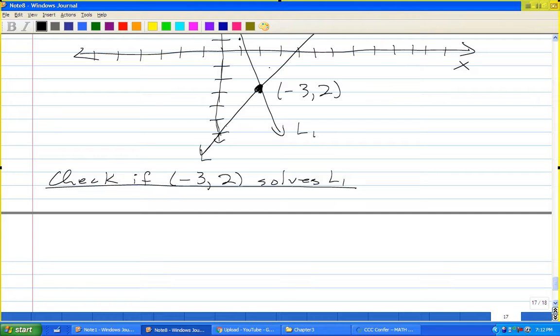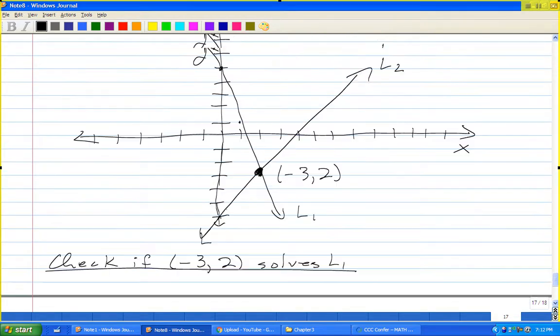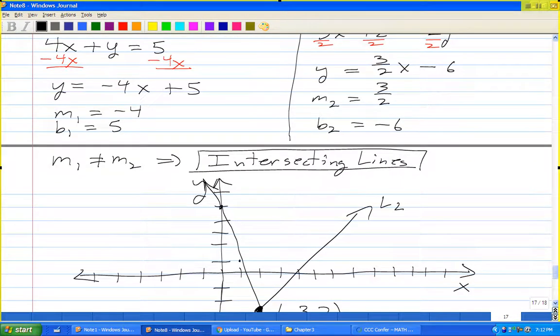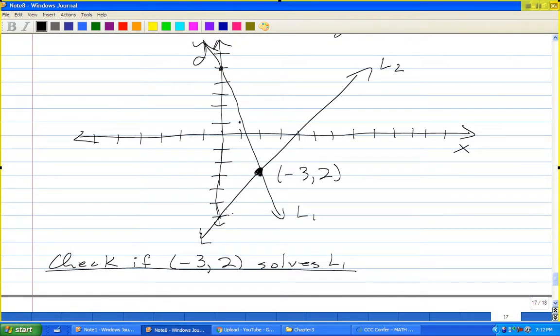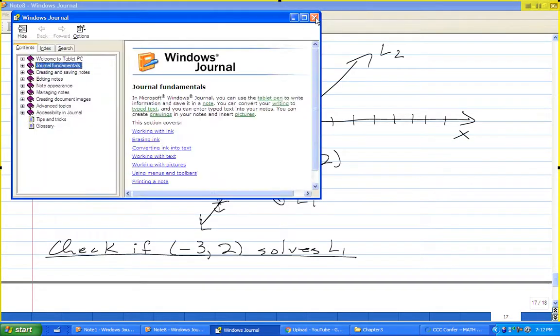Ooh, here, wait. Let me just check about the slope. It's up 3, but over 2. 1, 2, 1, 2, 3. Okay, so let's check that.